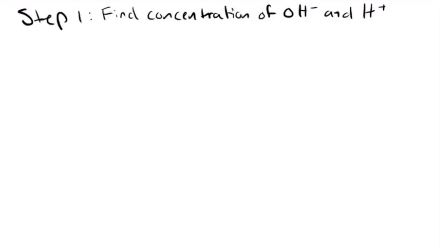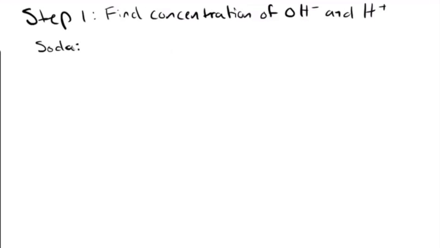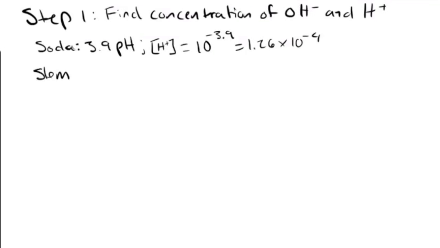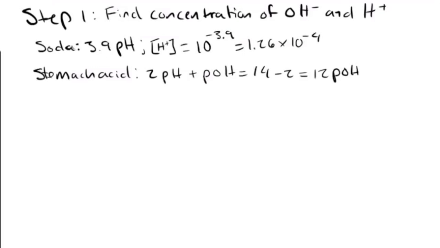Step 1. Find the concentration of hydroxide and hydronium ions. Soda has a pH of 3.9, so we can find the hydronium ion concentration, which is 1.2 times 10 to the negative fourth.